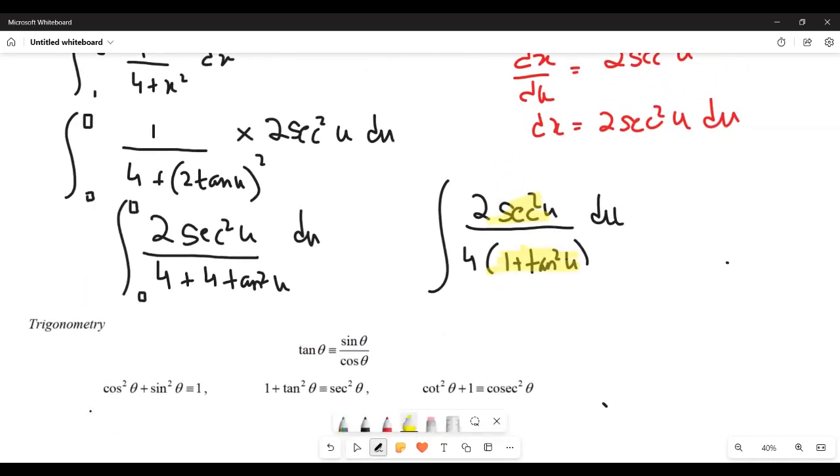So this and this cancel, and we get integration of half du, which is just half u plus c. Okay, when there are limits, c is not needed, when it is a definite integral. So no need of c.